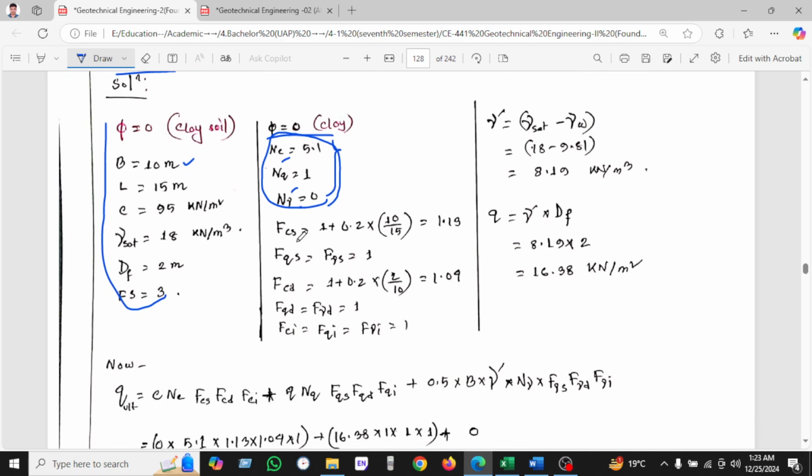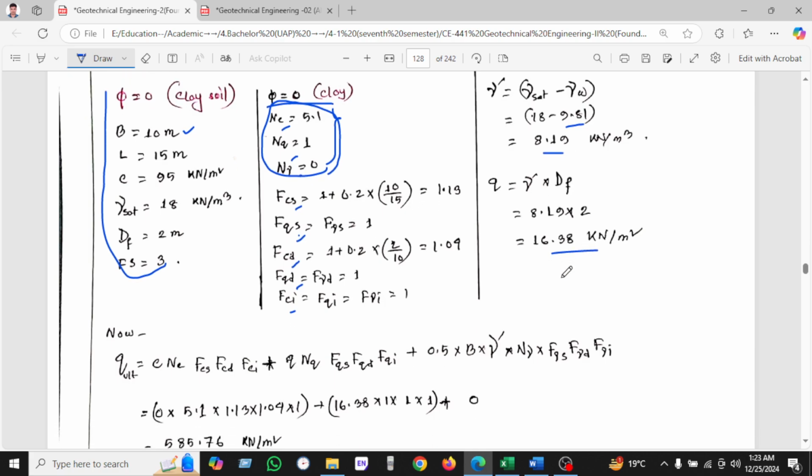The shape factors Fcs and Fqs, depth factors Fcd and Fqd, and inclined load factors are taken from equations. Okay, so gamma prime equal to gamma saturated minus unit weight of water, and found 8.19, and q equal to gamma prime into Df, found 16.38.